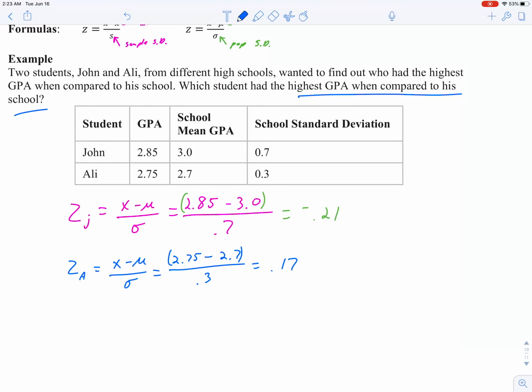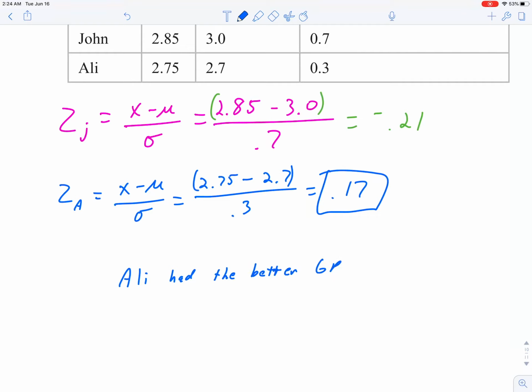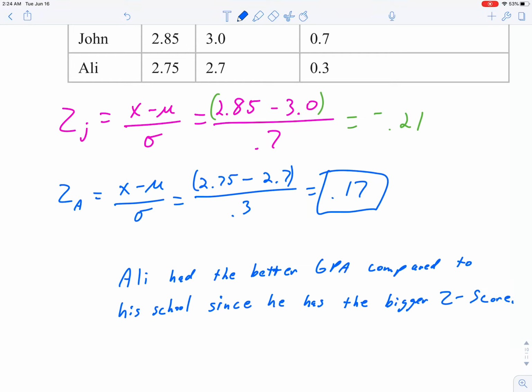Okay, so the question is, which student had the highest GPA when compared to his own school? All right, all you do is you find the bigger z-score, right? Because negative numbers are smaller than positive numbers. So in this case, Ali had the better GPA compared to his school, since he has the bigger z-score.